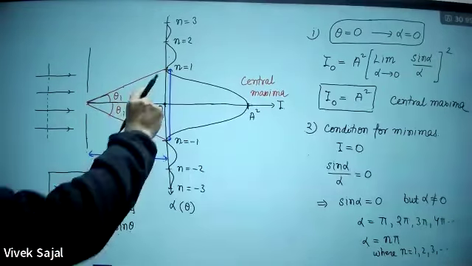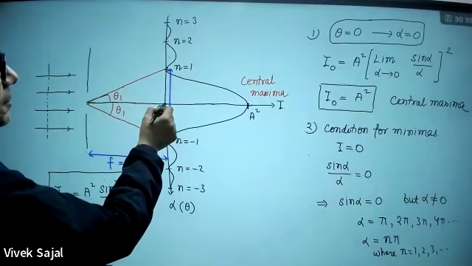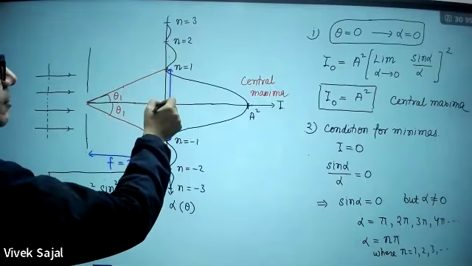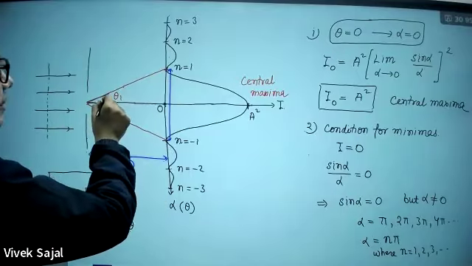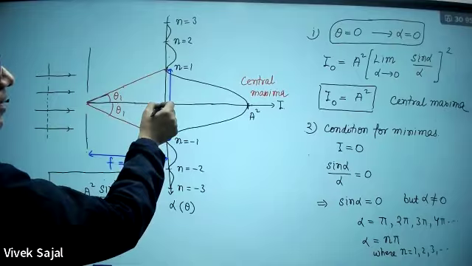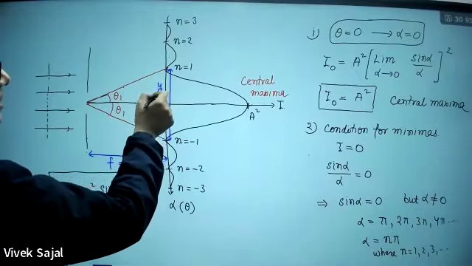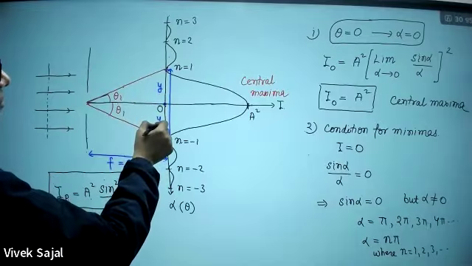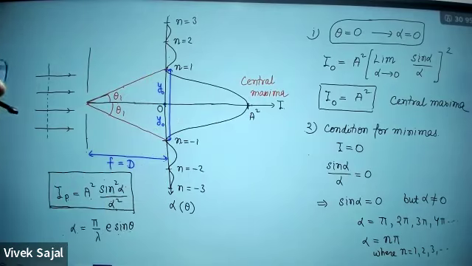Okay, so what will be this distance? Try to understand. Here this is D, from here to here, and you want to find out this. So tan theta 1 will provide you. Suppose this is some Y, this will also be Y. So this will be Y naught, Y naught. This will be 2 Y naught.